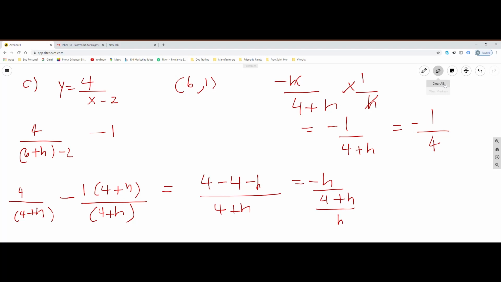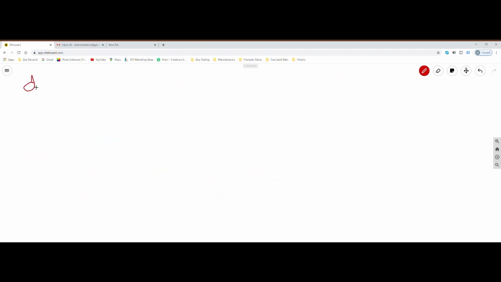Let's look at D. Y equals square root x plus 4, and the values are 5 and 3.